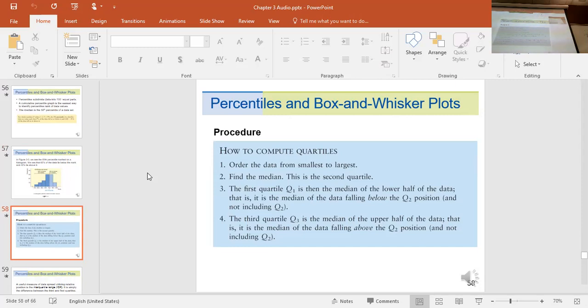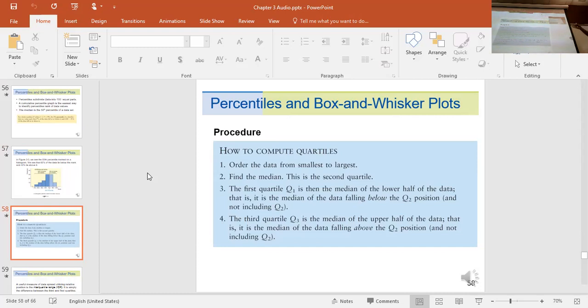So another way to understand this thing is to start with the second quartile. The second quartile is the median. The first quartile is the median of the lower values. The median divides data into two, lower data and upper.